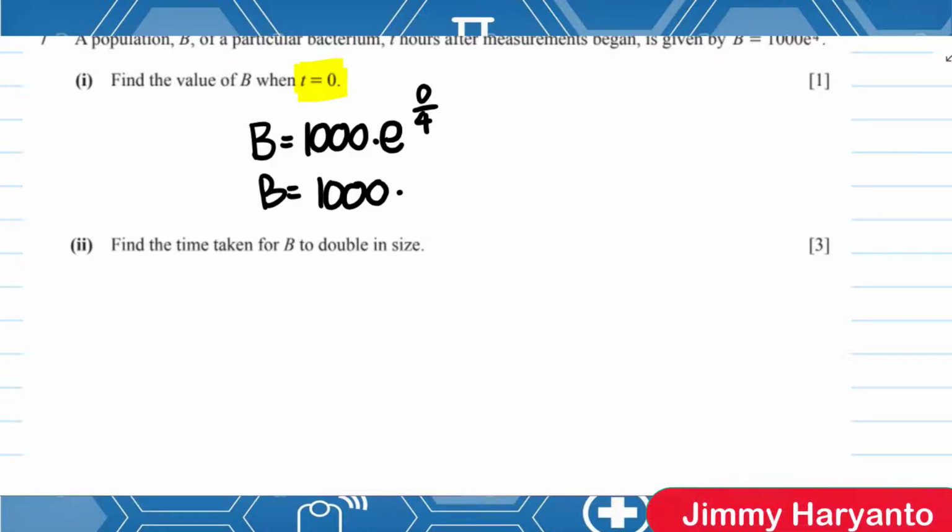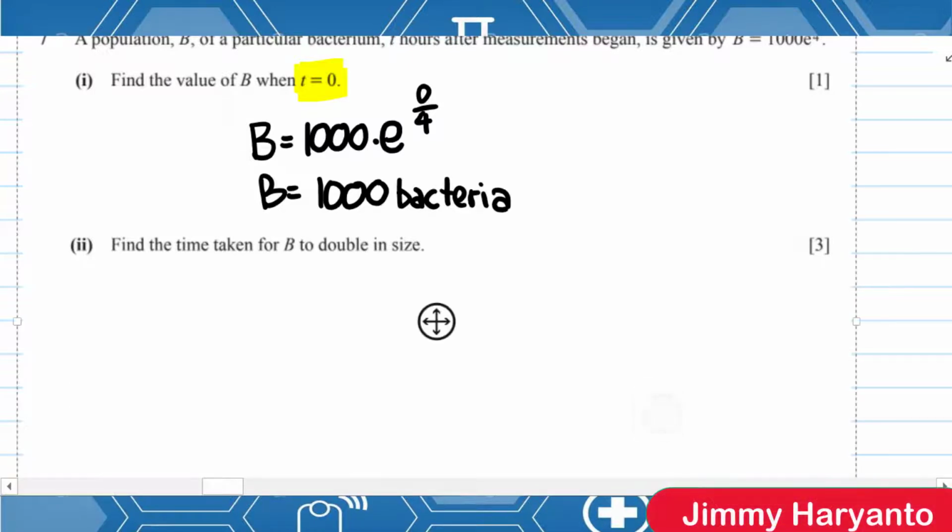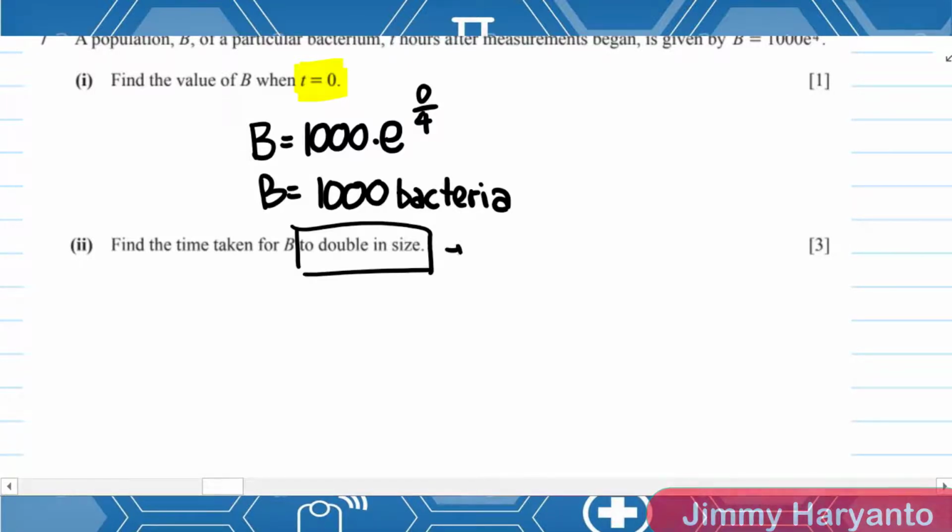Next, find the time taken for b to double in size. Double in size means when you have 1000 bacteria at first and the question says it doubles, the b will become 2000 bacteria. Yeah, double 1000 is 2000.